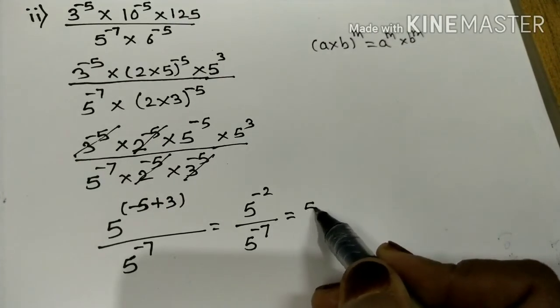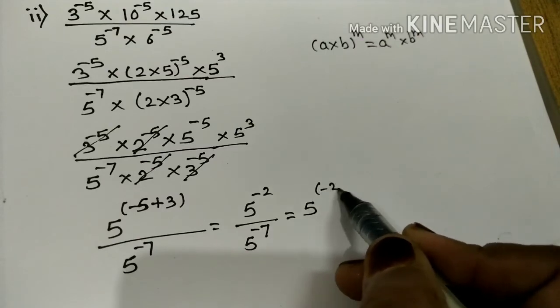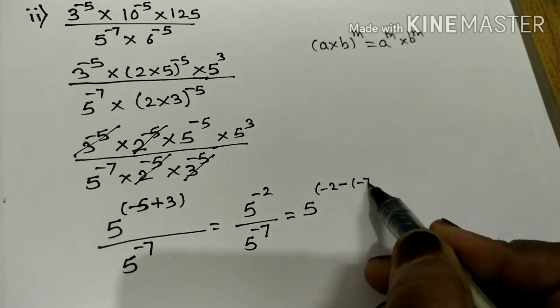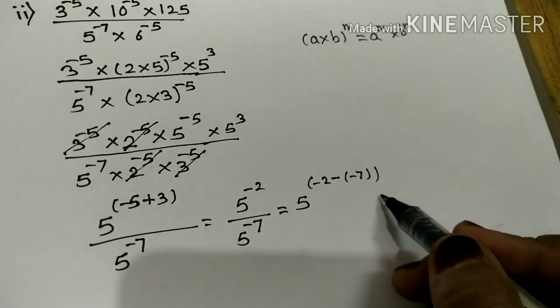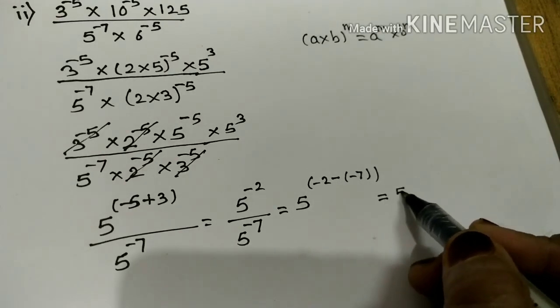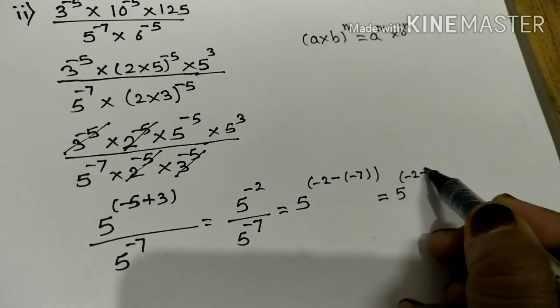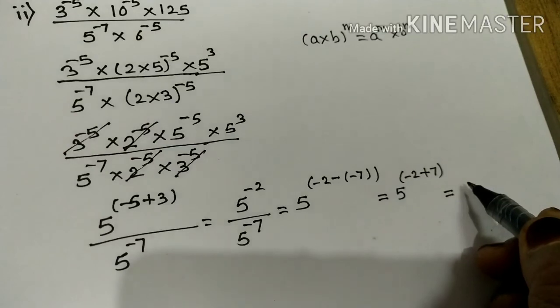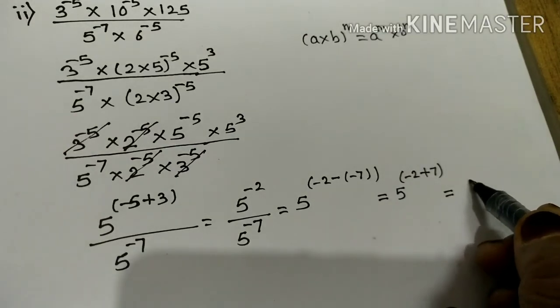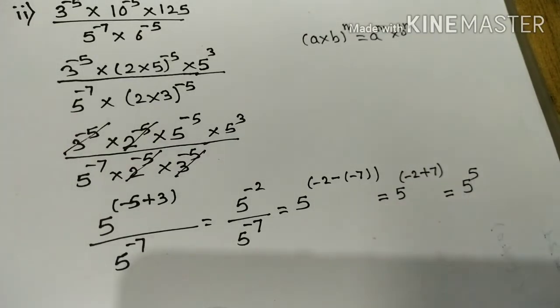Is equal to 5 raised to minus 2 minus 7. Now we know that minus into minus it is plus. Therefore 5 raised to minus 2 plus 7 is equal to 5 raised to 5. Yes, this is the answer.